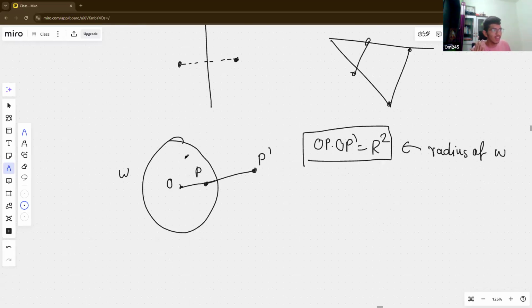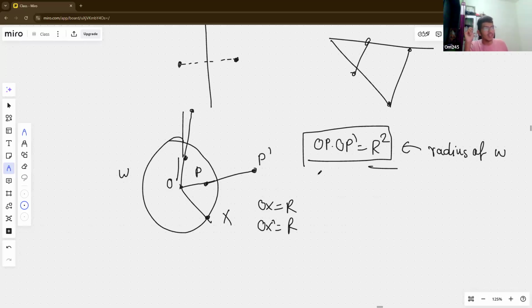Now we will see why this is so useful, but let's observe a few basic things. If a point is inside the circle, you will send it outside, because OP is less than R and the geometric mean is R, so OP dash must be greater than R. Suppose you consider any point X on the circle, then OX is already R, so OX dash will also be R. Also, O, P, and P dash should be collinear, and X will be sent to X itself, so the circle remains the circle itself.